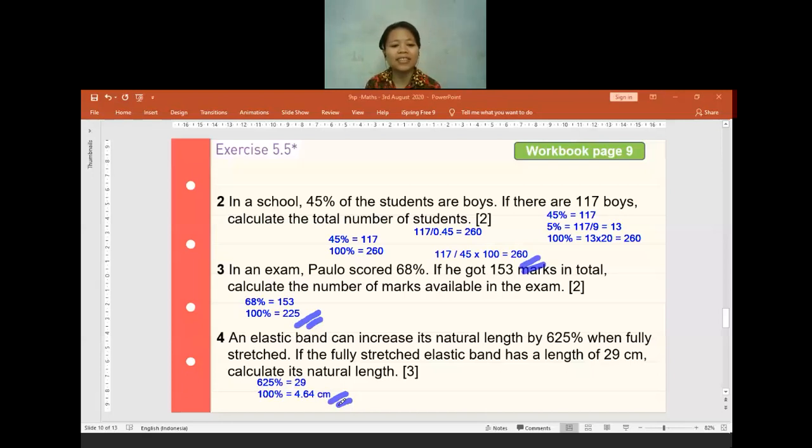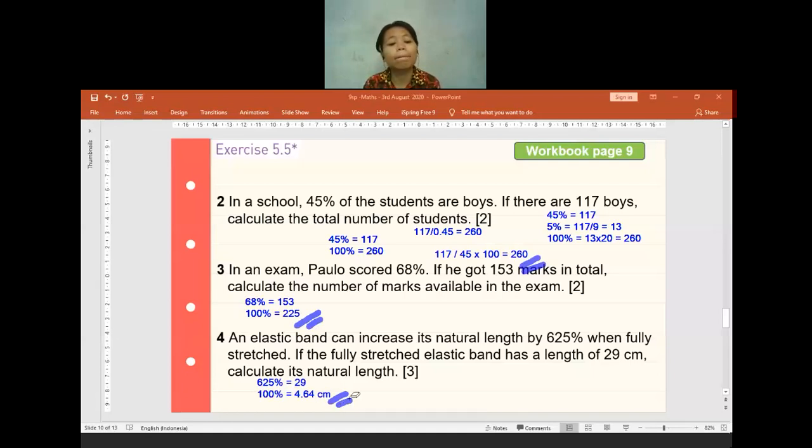Can you tell me? Is 625% equal to 29 or 725% equal to 29?